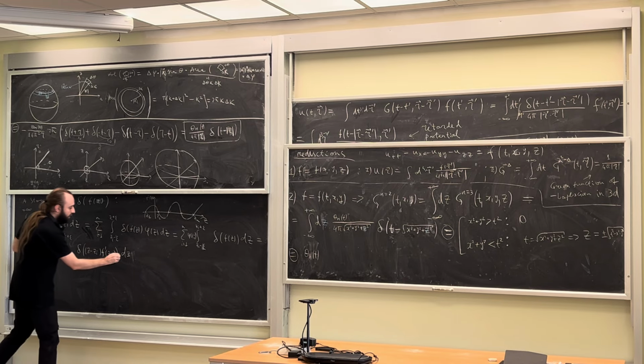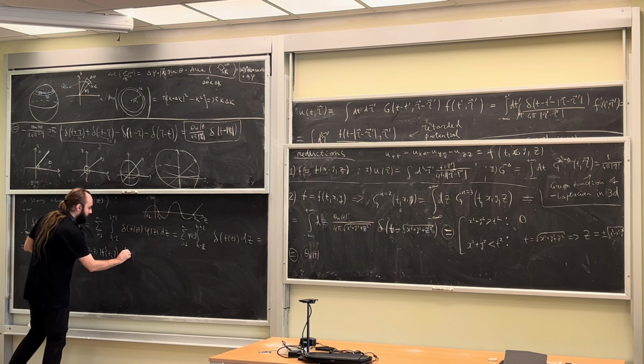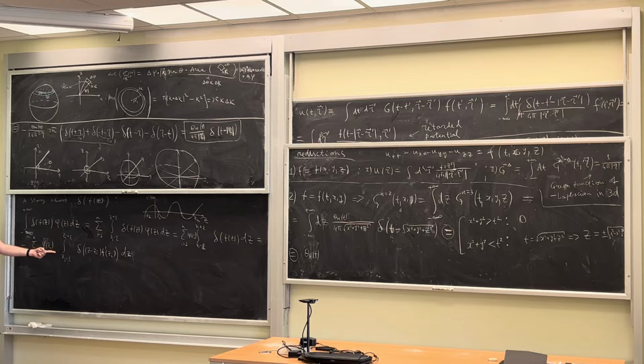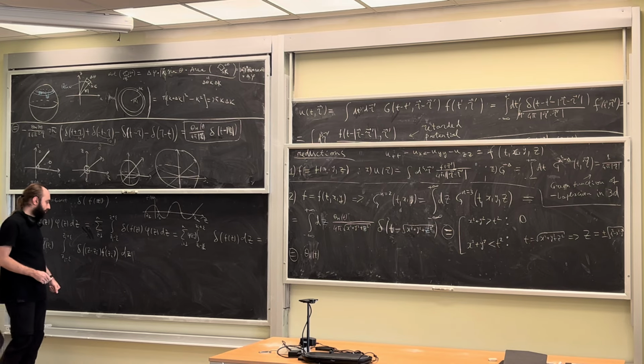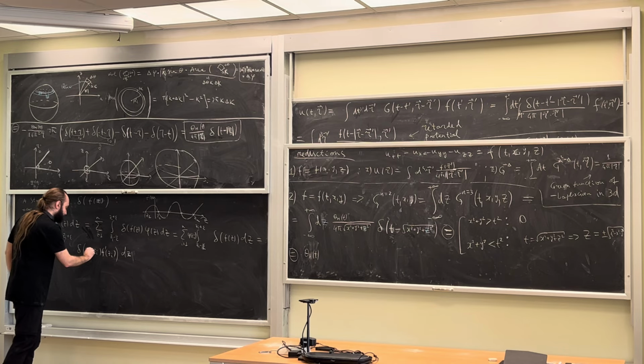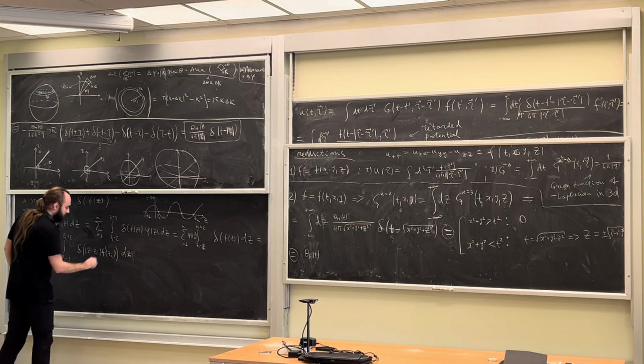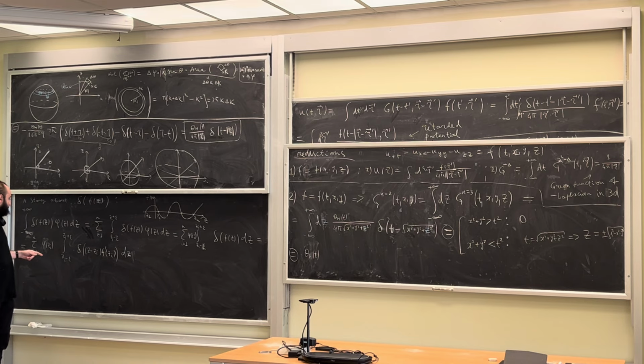So we have this integral, and now we want to change the coordinate. We want to scale z by the absolute value of f prime.